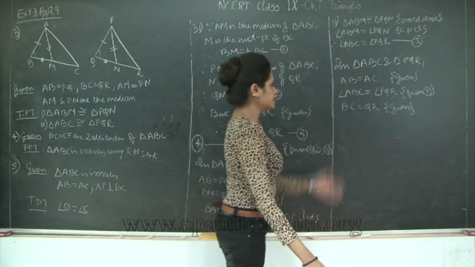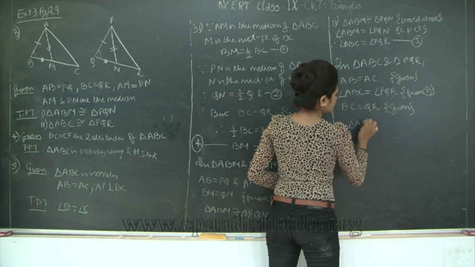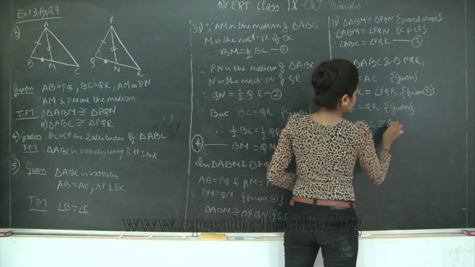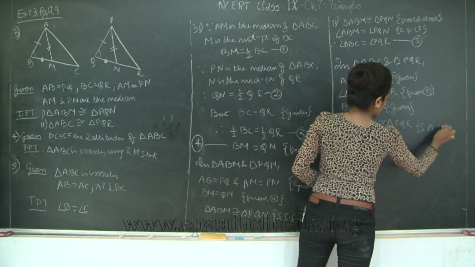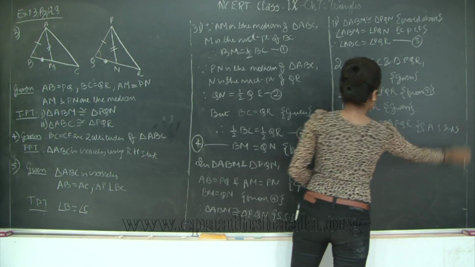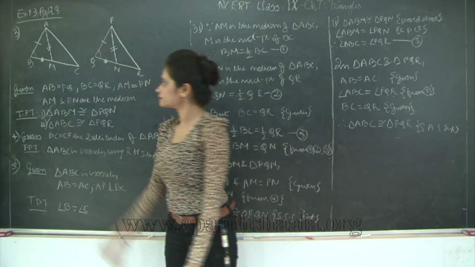Therefore, what can I say? That my triangles are congruent. That is, triangle ABC is congruent to triangle PQR by side angle side test of congruence. Hence, both of these are proved.